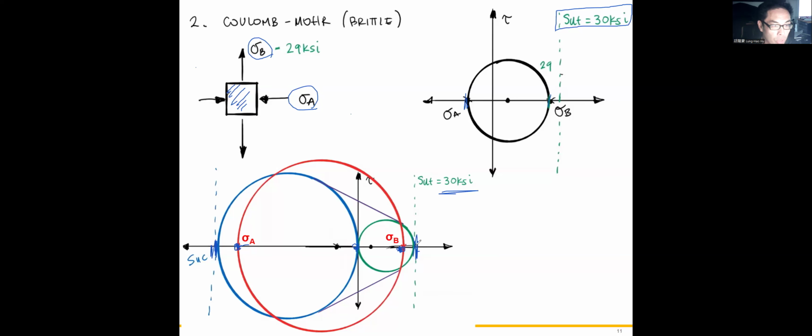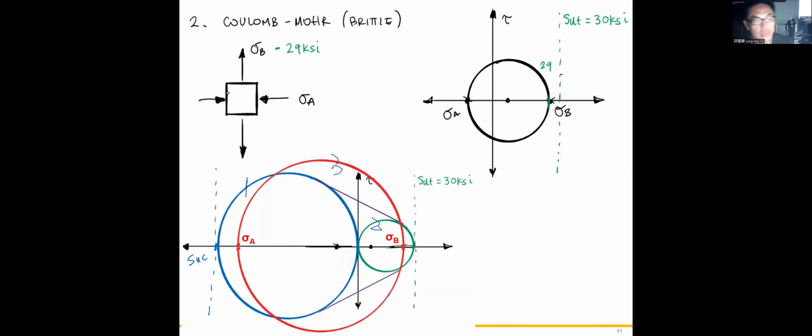Therefore, we can draw the two Mohr circles, the green and the blue one, these two. And the red circle represents the Mohr circle of this element. So we have three circles, 1, 2, and 3.